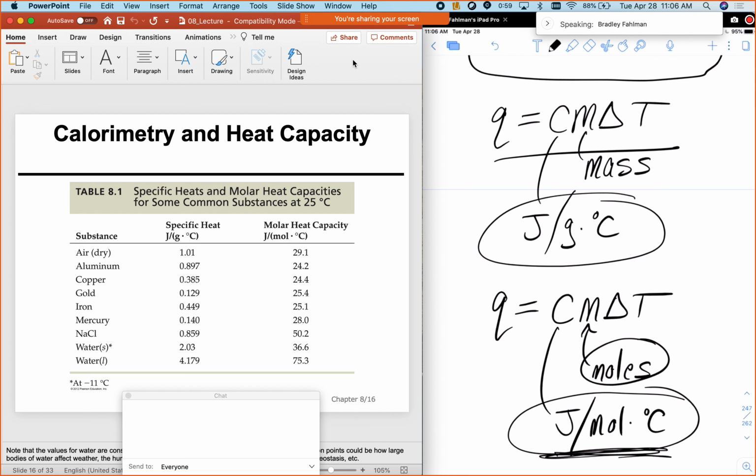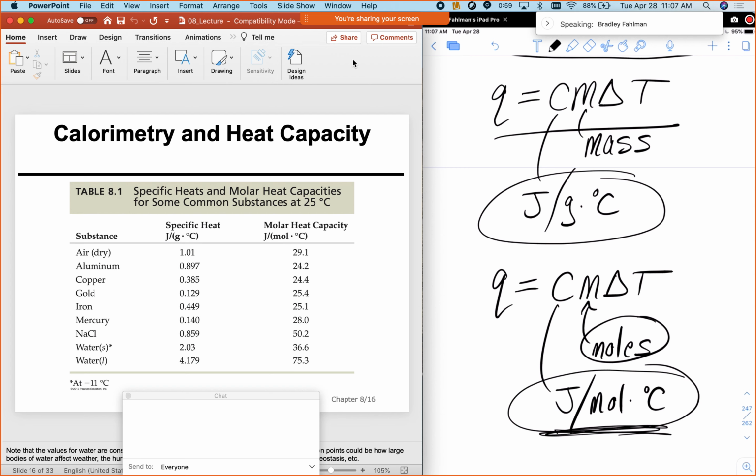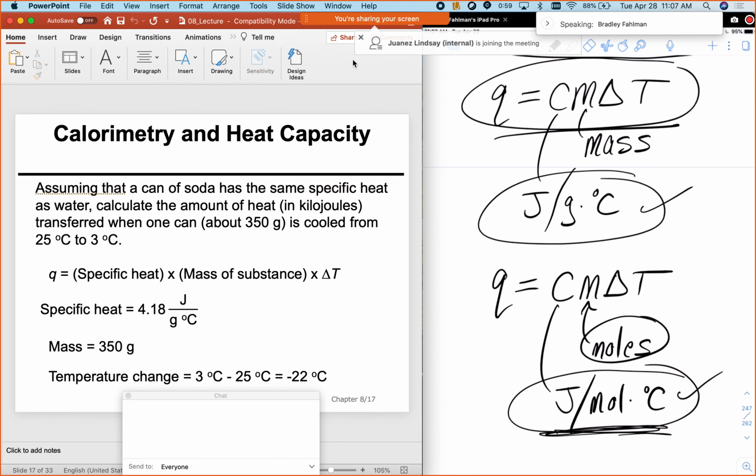I'll show you in the next slide the questions to expect related to these, but it's pretty simple. You usually just plug and calculate. So those are the two versions. It's the exact same formula, just different units, either grams or moles.